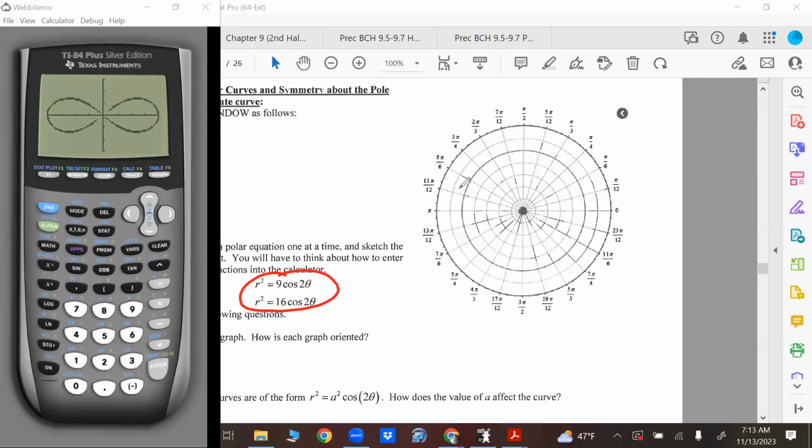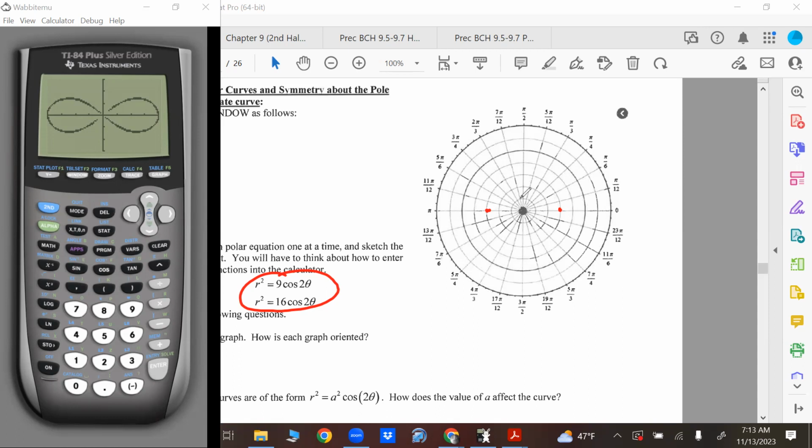So it looks like it reached a radius of 3, which makes sense because if you plug in 0, you do get 9, but r would be 3 or -3. If you do plug in pi over 4, you do get 0, so it does hit the pole.